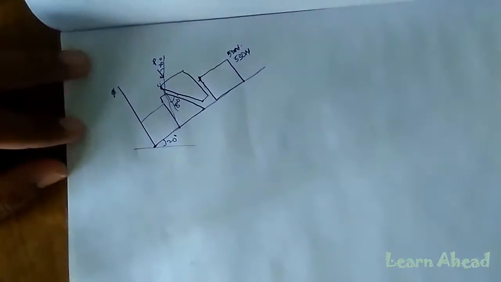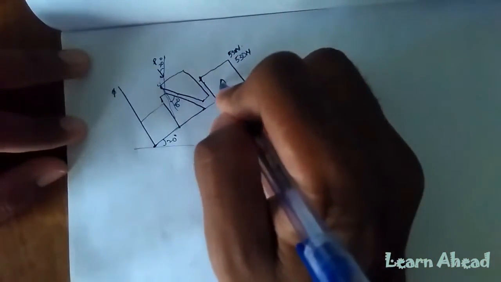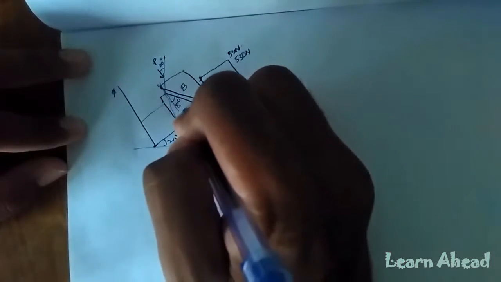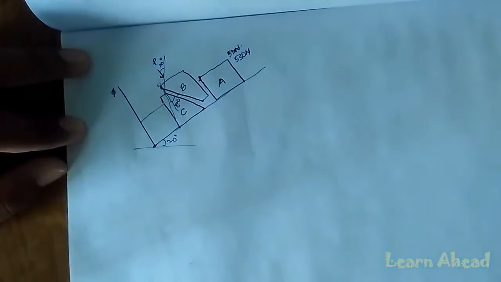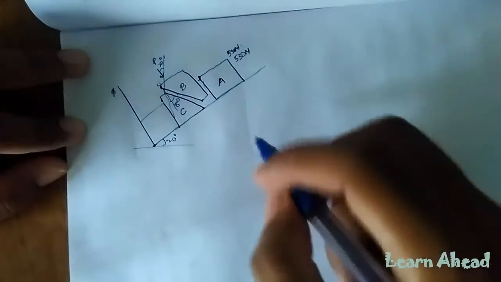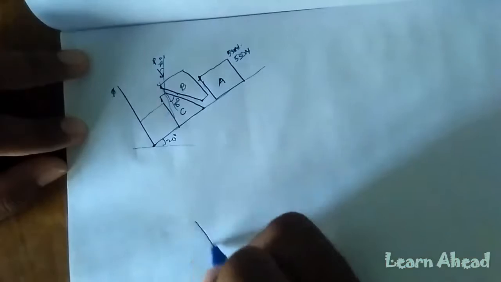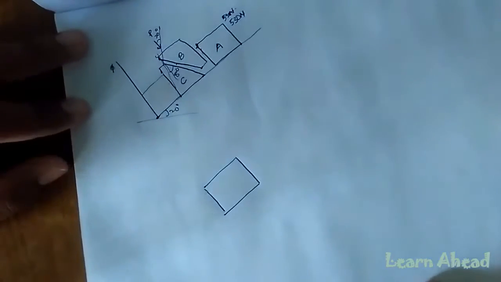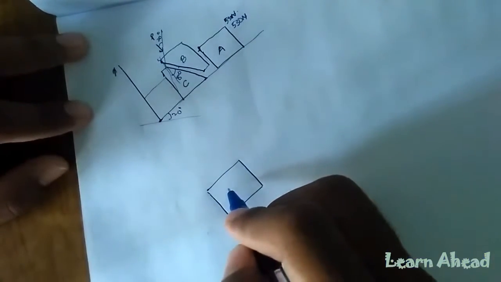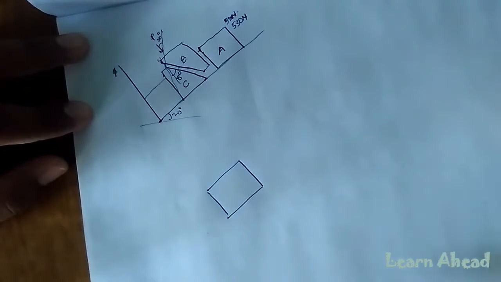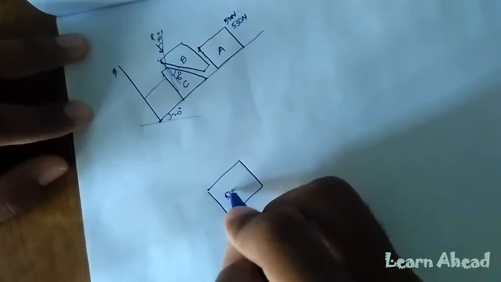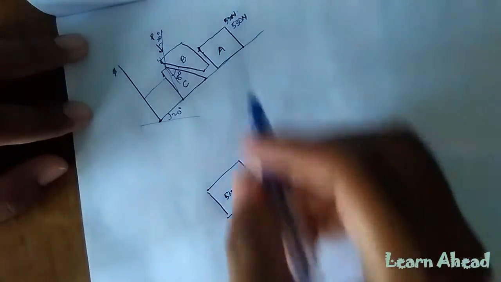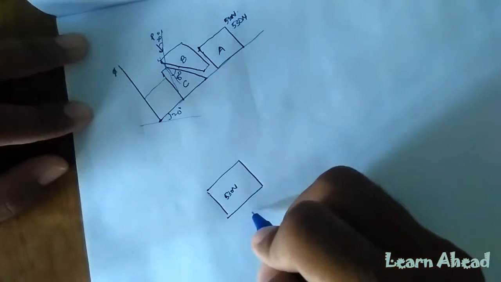Now first of all, let us start with this block. Let me call this A, this B and this C. So what I am going to do is, number one, draw the FBD of this block A. Okay, so this is a 530 Newton block A. Let us suppose that the bottom surface applies a normal reaction here.